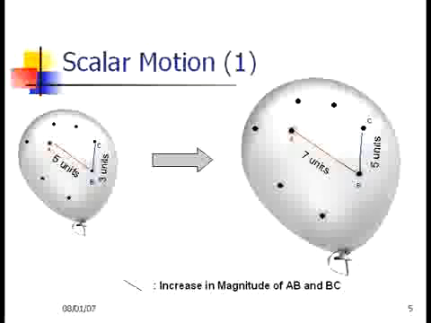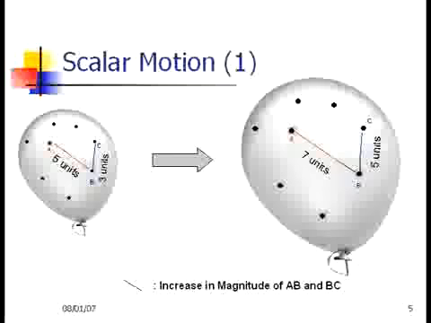In other words, every point on this balloon is moving away from every other point on this balloon, and no one particular point is ever reaching closer to any particular point. This is what we call a scalar increase in the magnitudes of these distances.